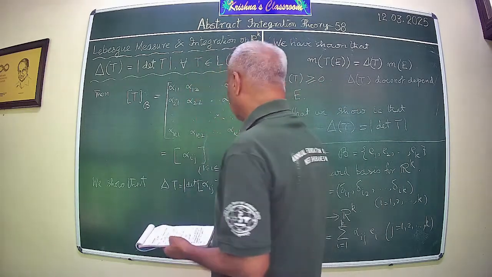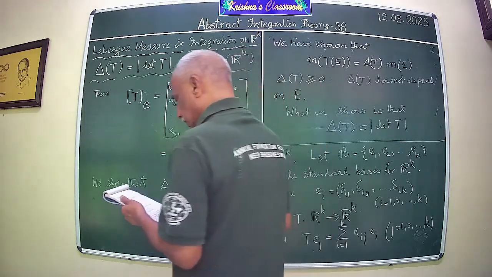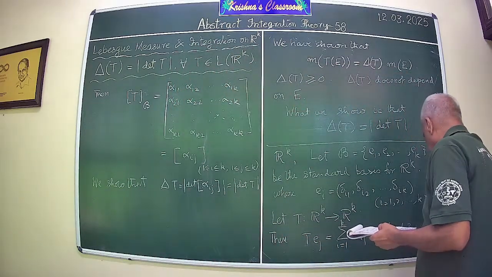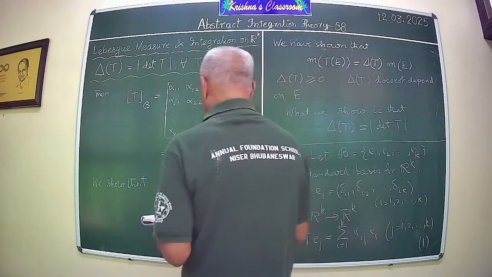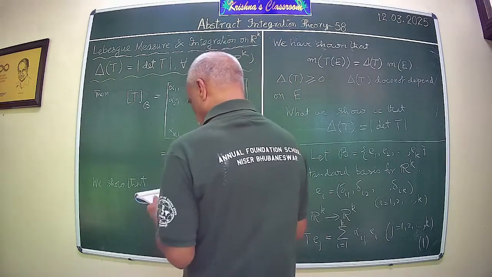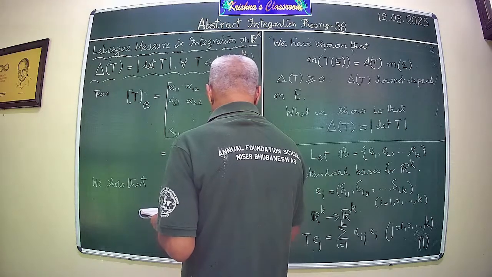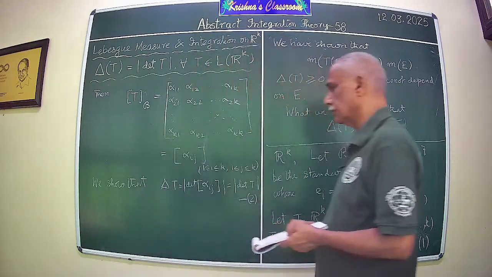Now, how do we prove this? So, we shall designate this by 1 and this by 2. What is 2? It's the second.